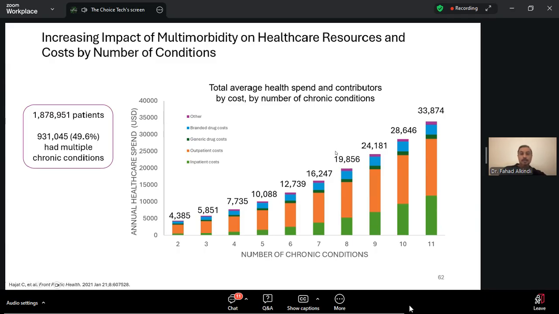And that is also shown here in the slides, not only the cost, but also the number of comorbidities that adult patients have. In this study, they found that the average age of the patients who have more than 5 comorbidities is around 53 years old.